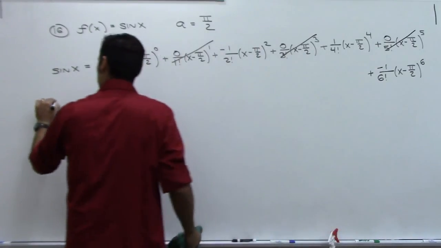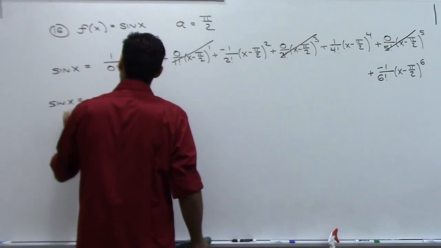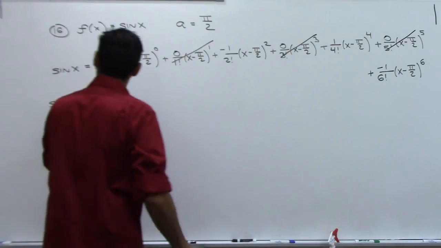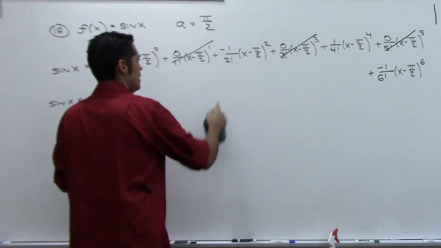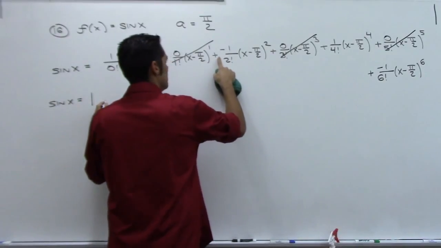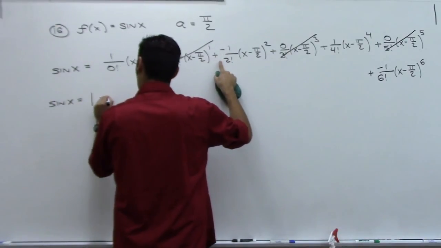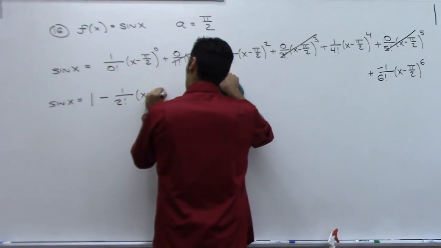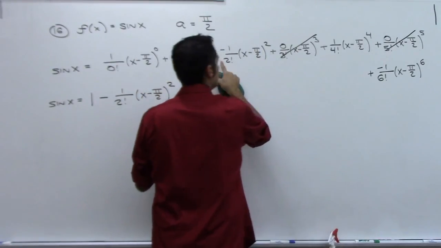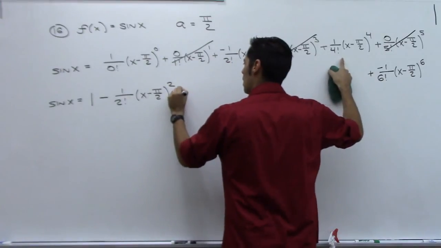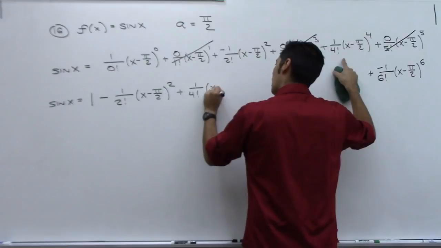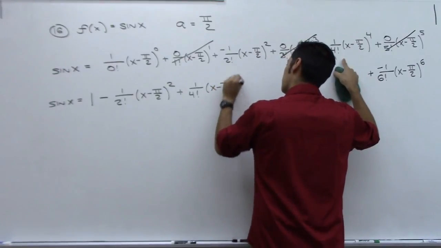So this is sine x equals, this is a 1, that's a 1, so I get 1. This is minus 1 over 2 factorial, x minus pi over 2 squared. The next one I get is plus 1 over 4 factorial, x minus pi over 2 to the fourth.